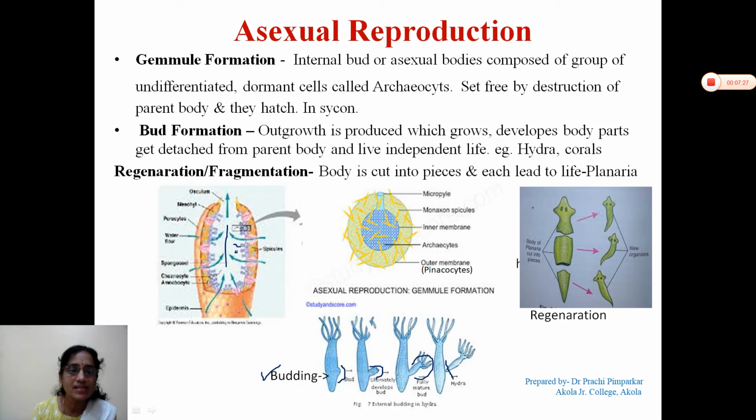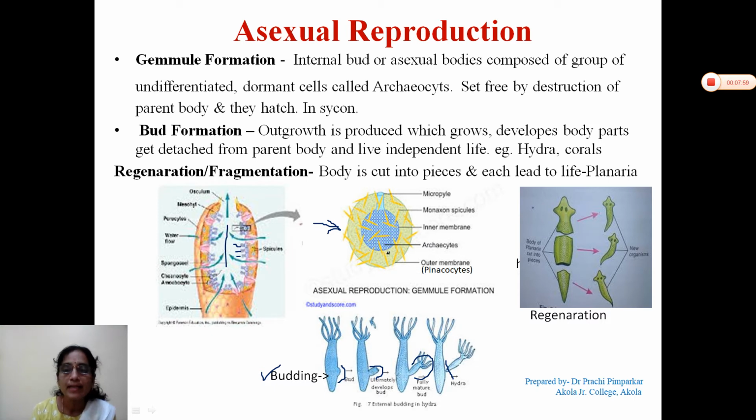This is the first gemmule, this is the second, this is the third. Can you see? These small blue colored structures are gemmules, produced at the inner part of the sponge. That gemmule is seen enlarged here in this diagram. See, this is the gemmule. One gemmule has been enlarged here. This is the gemmule part.